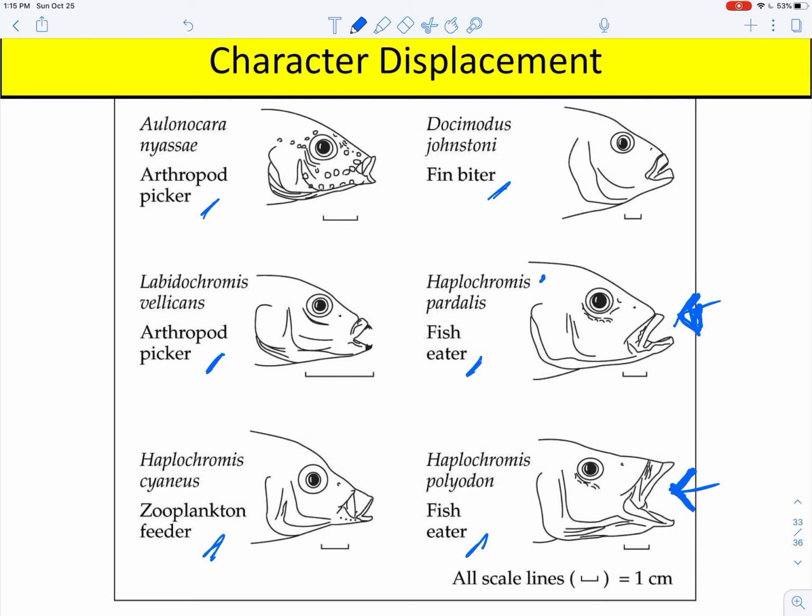And I also want to point out that some of these fish are in the same genus, but as we look at all of these different fishes, that's not always the case. We have similarly related species across different genera.